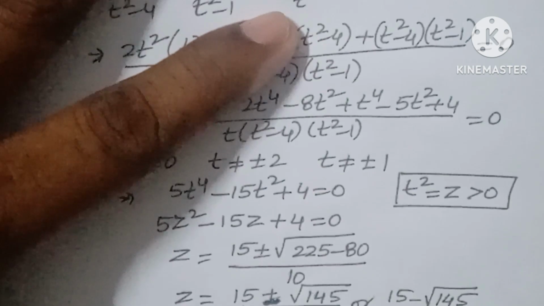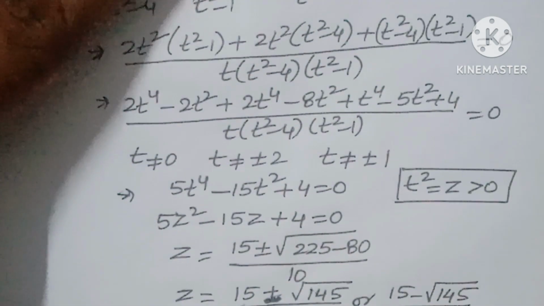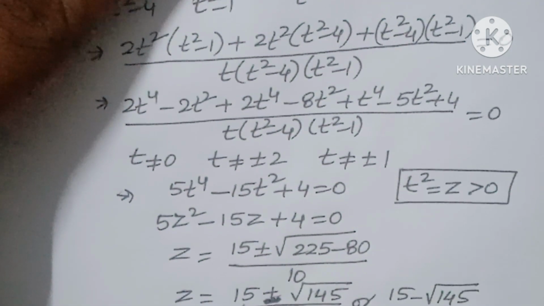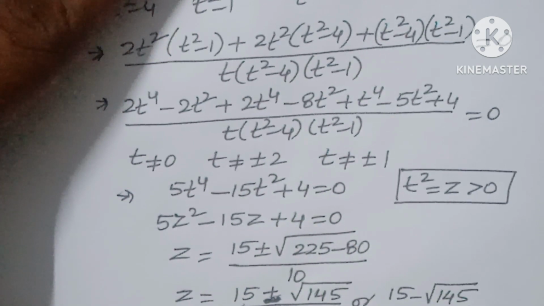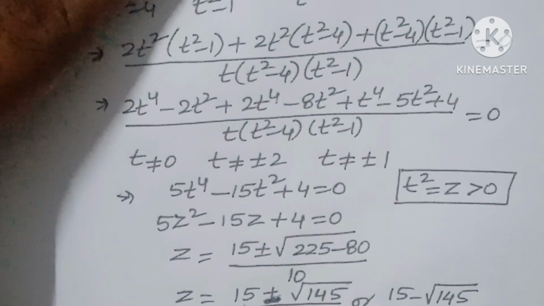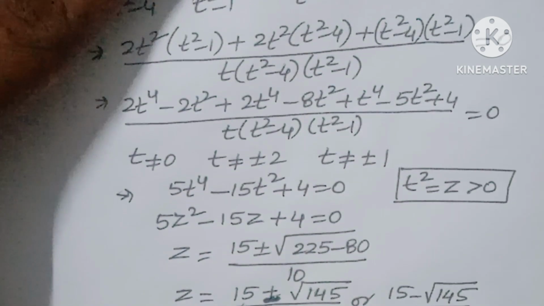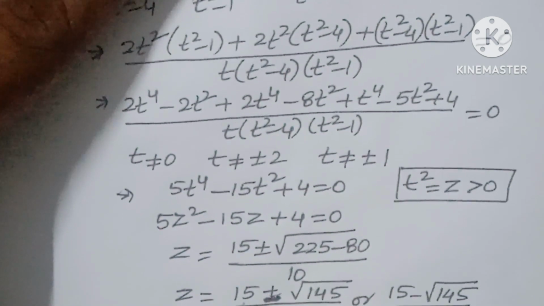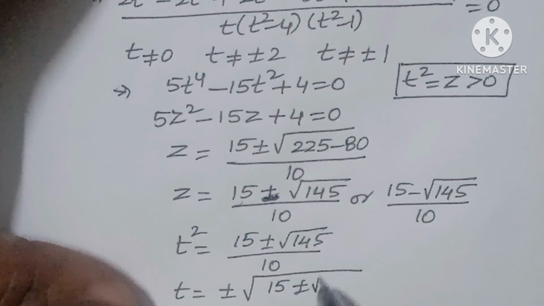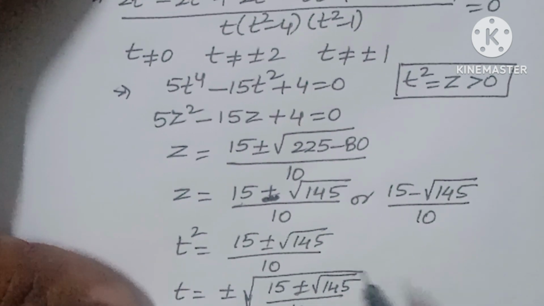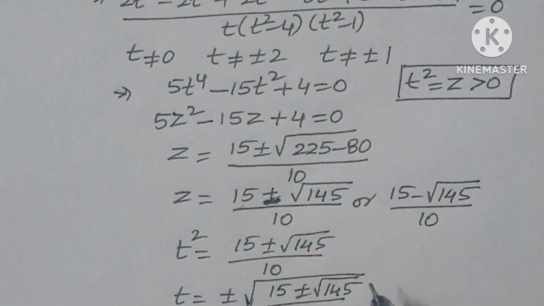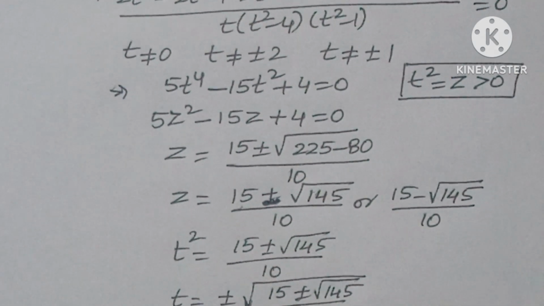Now if we take t, t square is equal to this value, 15 plus or minus root 145 by 10. Now if you take t value, plus or minus square root of 15 plus or minus root 145 by 10. Now here t value is this one, but I want x value.